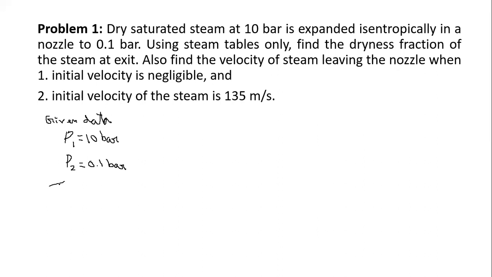So to find the dryness fraction at the exit, you need to find the value for x2, and the velocity of steam leaving the nozzle, you need to find the value for v2.